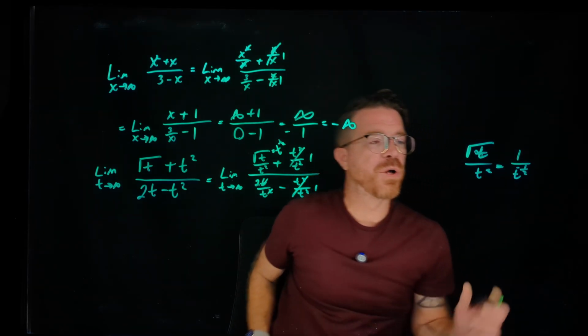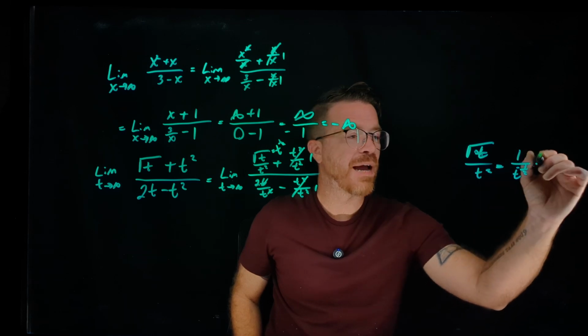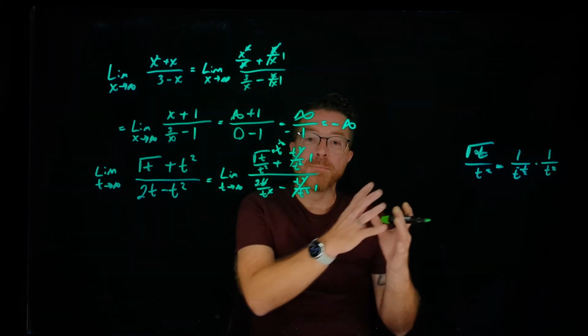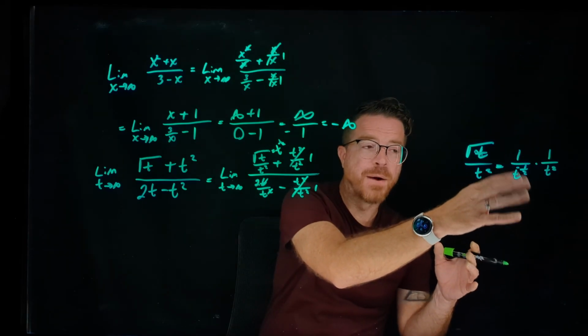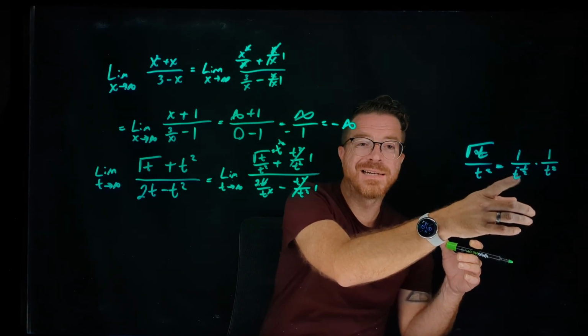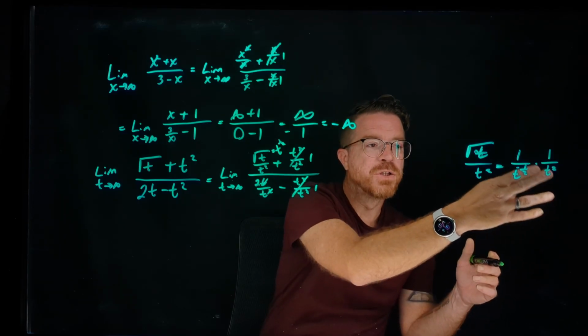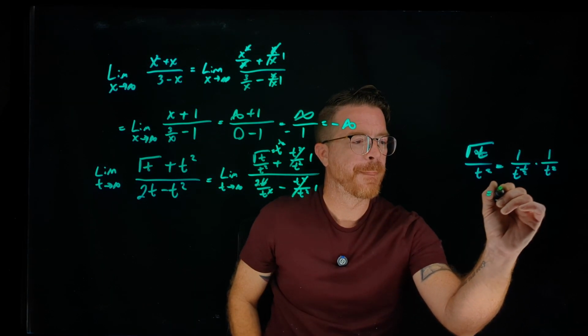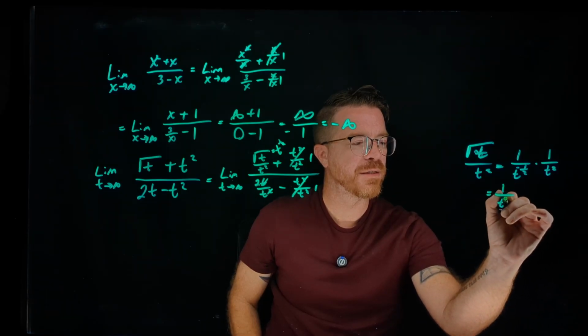So now I have 1 over t to the negative 1/2 times 1 over t squared. And of course, whenever we multiply t to a power times t to a power, you add the powers. Or in this case, because it's negative, we're going to subtract it. So it's going to be 2 minus 1/2, which is going to give me 1 over t to the 3/2.